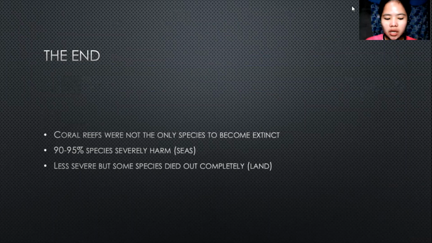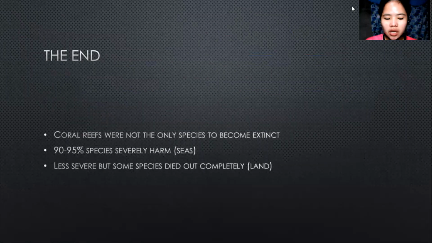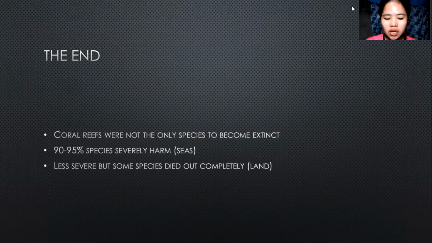Sa lupa naman, hindi sila masyadong naapektuhan, but some organisms, once na apektuhan sila sa time ng extinction, nawala talaga sila completely. Kumbaga, hindi na sila nagkaroon pa ng another occurrence, walang natira, walang nakasurvive sa mga organisms or species na nakasurvive sa lupa.